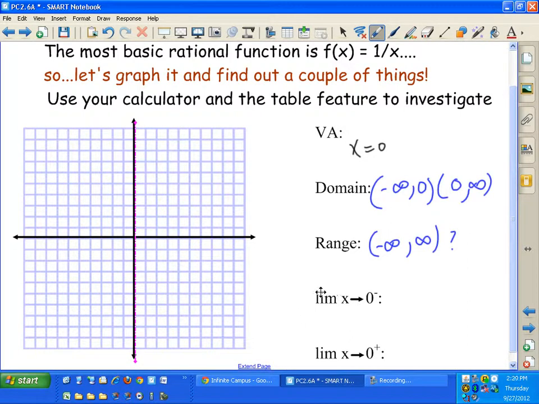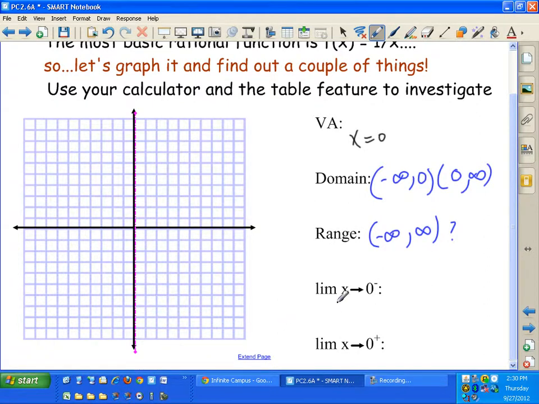And then the limit as x approaches 0 from the negative side. So as we're approaching 0 from the negative side, we could pick some values for x from the negative side. If we did 1 over negative 1, we're at negative 1. If I put x to be negative 2, we'd get negative 1/2, so the graph is going to kind of look like this.